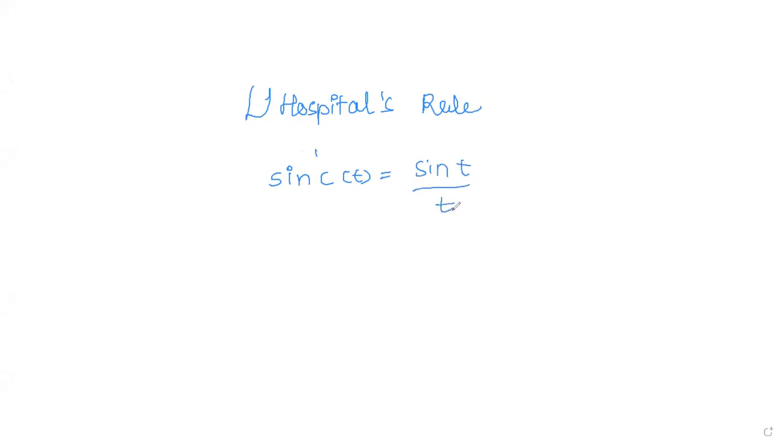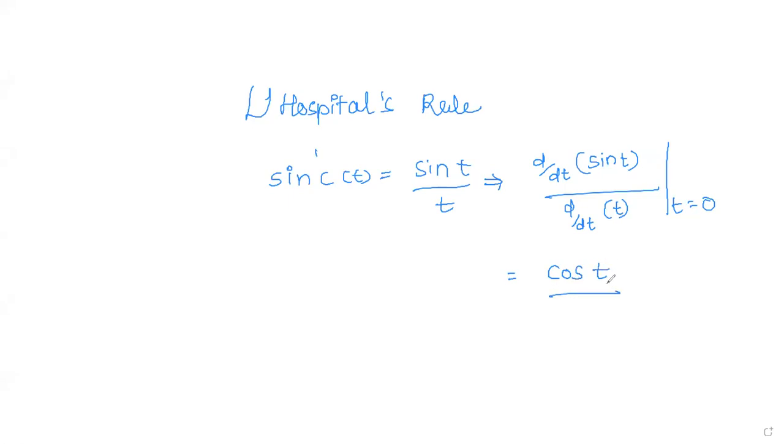So what you have to do is perform d by dt of the numerator and d by dt of the denominator, and then put t equal to 0. This is called L'Hospital's rule. When you differentiate sine t, you get cos t, divided by the derivative of t, which is 1, and then t equal to 0. So that is cos 0, and you will get 1 there. Understood?